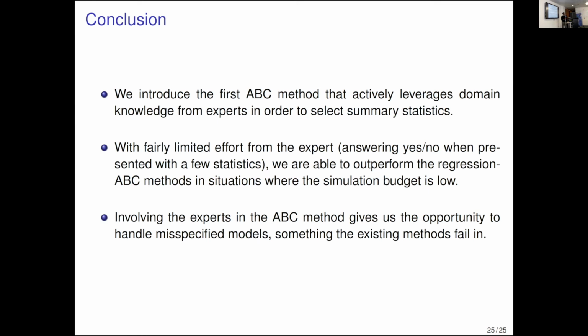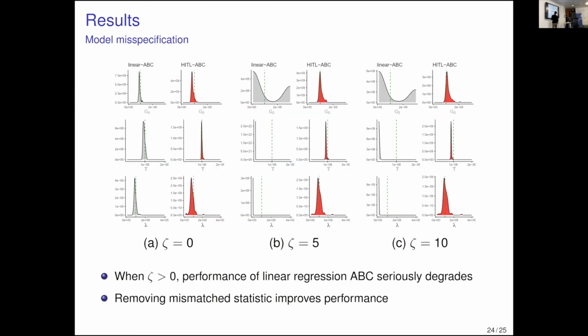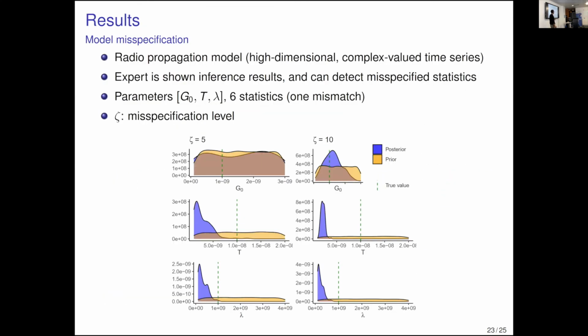I have a question about asking experts about misspecification. Is there a way to detect it without asking the expert? Because if you show an expert that plot, I feel like there should be something that tells you something's wrong with the plot. Yes, it is possible to detect misspecification.